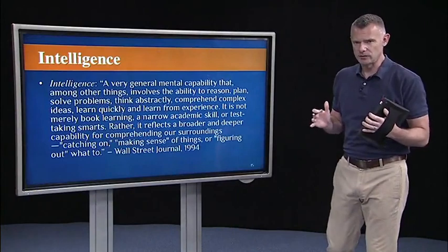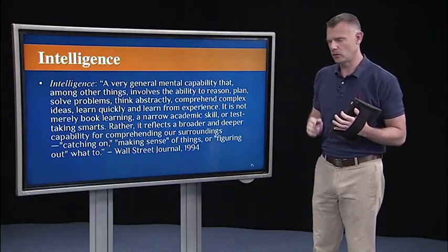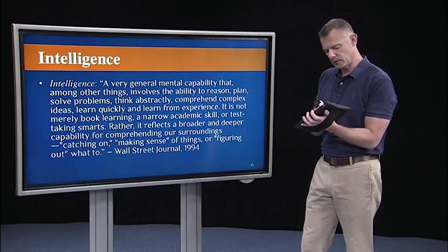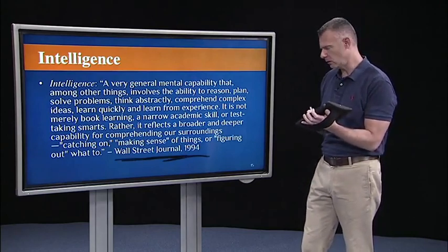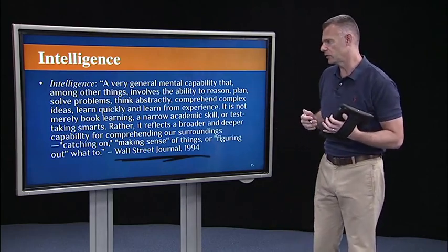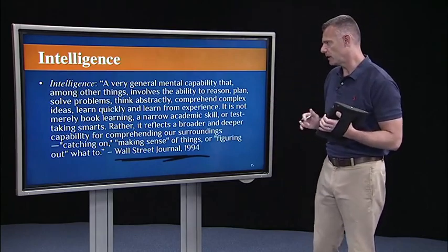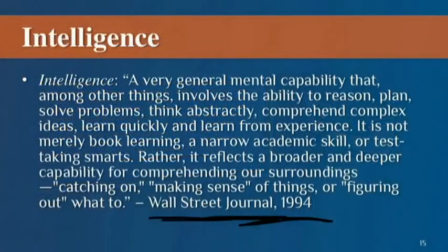So, what is intelligence? Intelligence is famously difficult to define, so I took a pretty popular definition from the Wall Street Journal back in 1994. This was an agreed upon definition from top researchers in the field at the time, and they defined intelligence as a very general mental capability that, among other things, involves the ability to reason, plan, solve problems, think abstractly, comprehend complex ideas, learn quickly, and learn from experience.